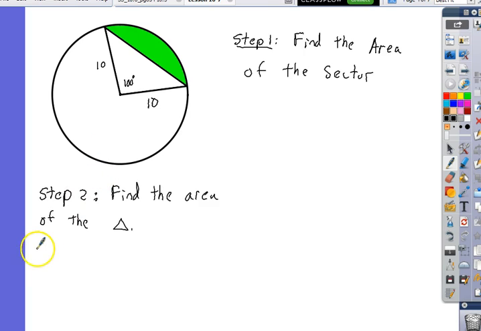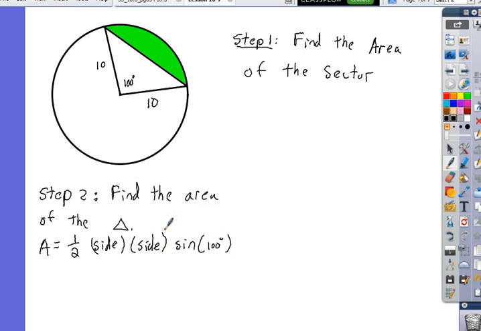So does anybody remember the formula for finding the area of a triangle when you have two sides and the included angle? It's not 1/2 base times height. It's 1/2 side times side times the sine of the angle. Excellent. So those of you that knew that, you are better prepared for the test coming up Friday.